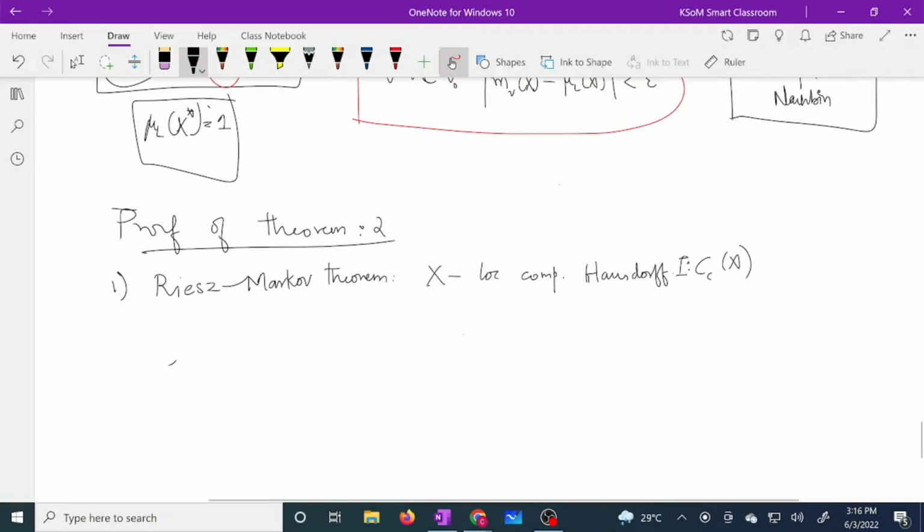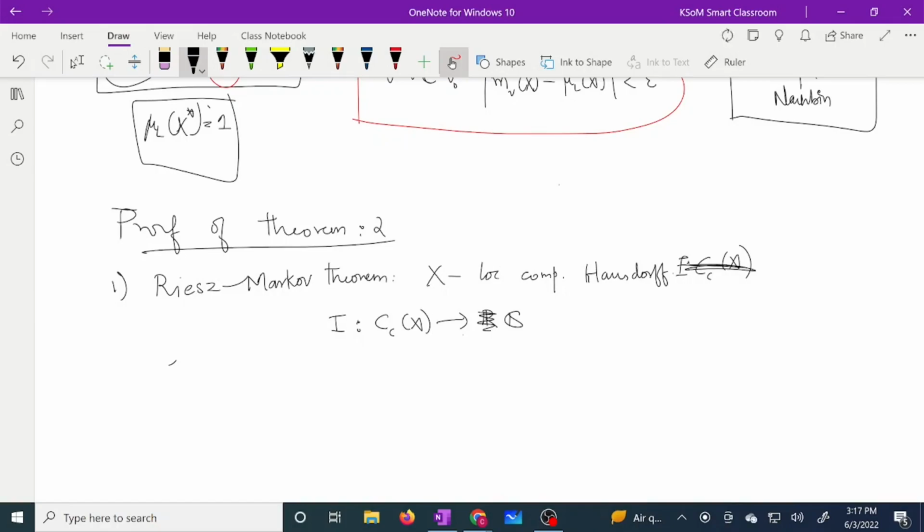I is a positive linear functional on C_c of X. Complex valued, sorry, it is not real valued, complex valued. What does it mean for a linear functional to be positive?